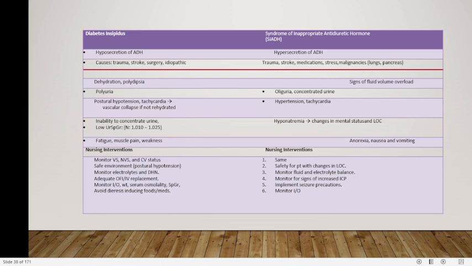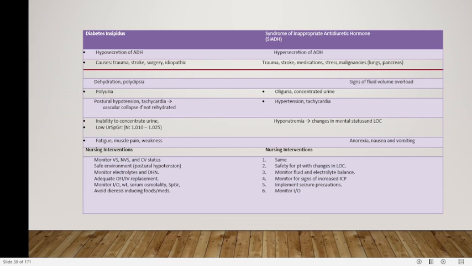In terms of the nursing interventions for each of the two conditions, in diabetes insipidus, the one characterized by hyposecretion of ADH, we monitor vital signs, nausea, vomiting, cardiovascular status. We ensure that the patients are in a safe environment because of the postural hypotension.